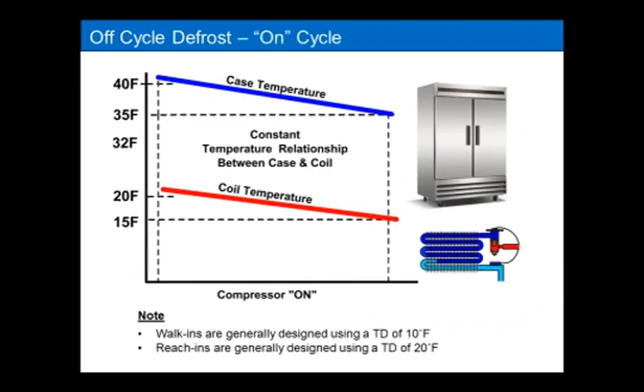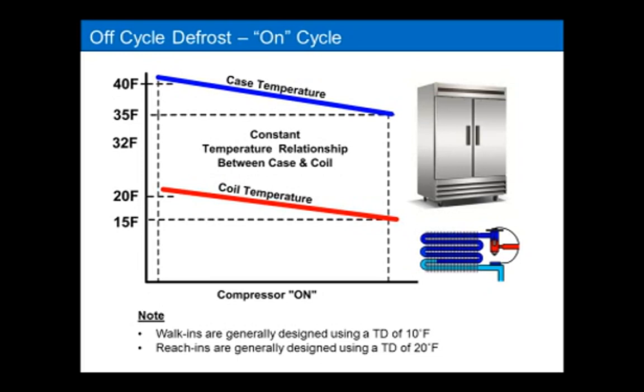Now, we can use that method of monitoring coil temperature to both control the defrost and also control the case temperature. Medium temperature refrigeration systems, or most refrigeration systems, are designed around a relationship between coil temperature and case temperature.